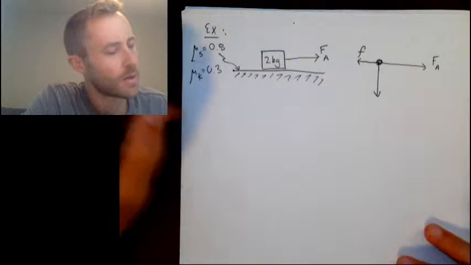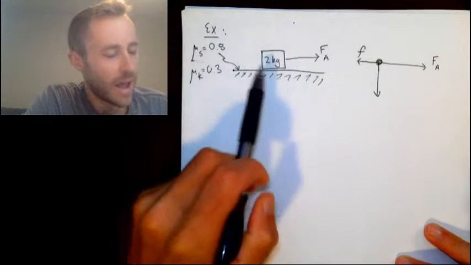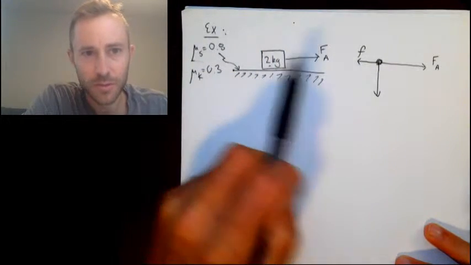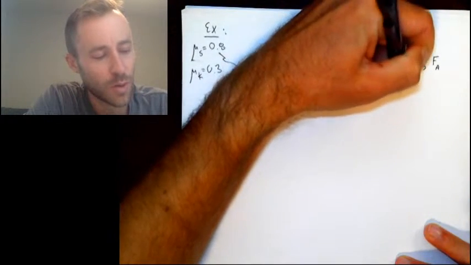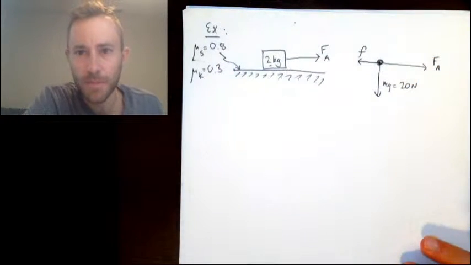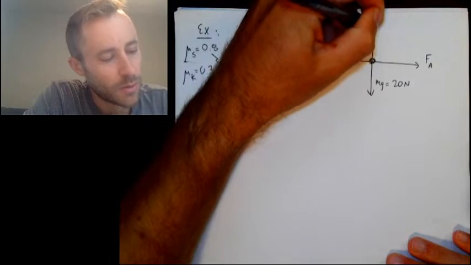The weight force is going to be m, which is 2, times gravity, which is 10. So mg equals 20 newtons downward. And then we have an upward normal force.